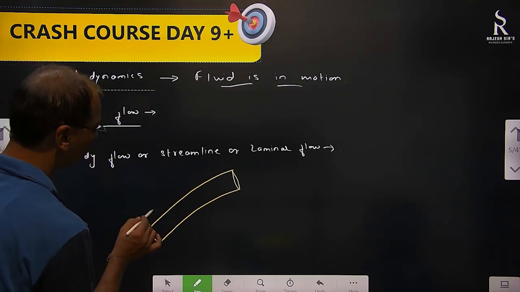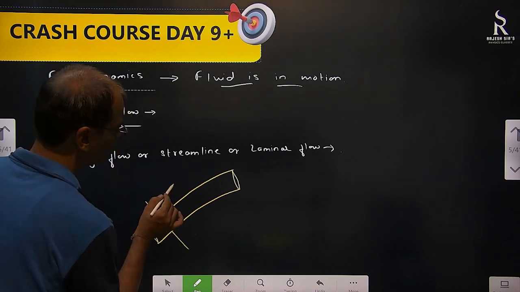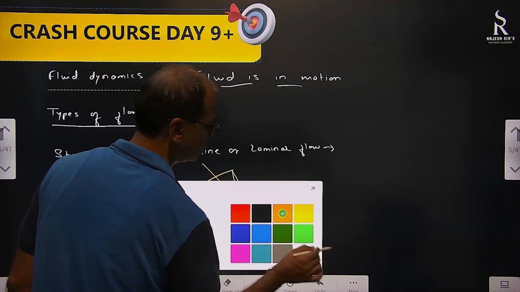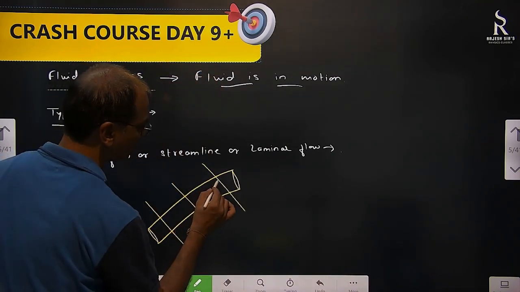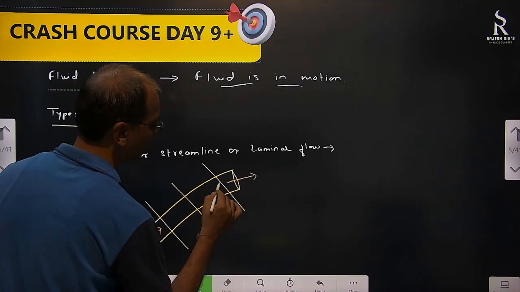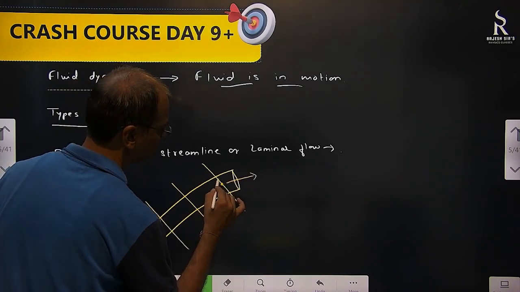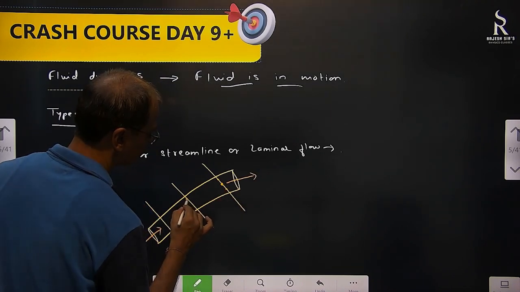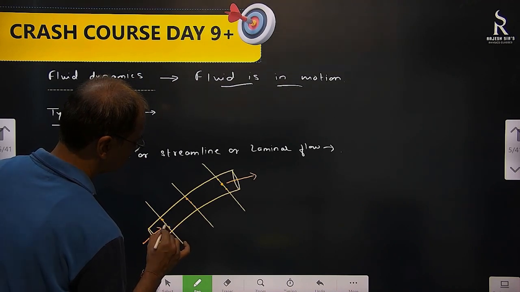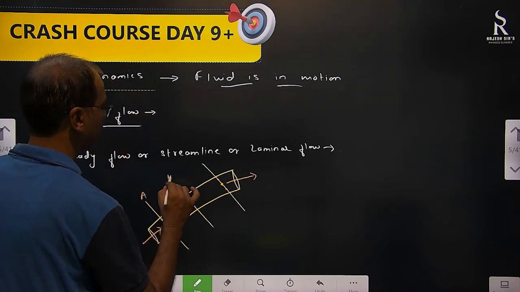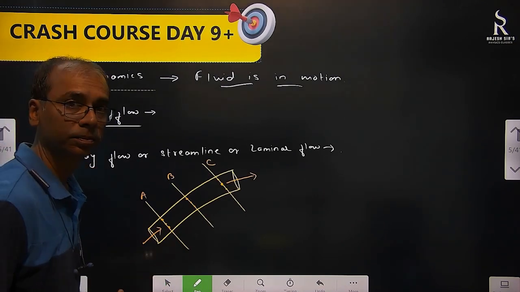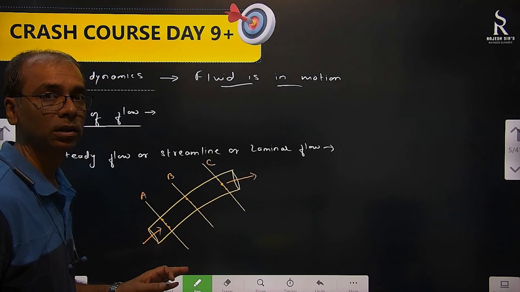So at any point you take, maybe this point here, maybe this point here, maybe this point here. So at these points, whatever particles are reaching, because if suppose the liquid is flowing like this, whatever particles are reaching at this cross section, A, B and C, whatever particles are coming, they have pressure, density and velocity.